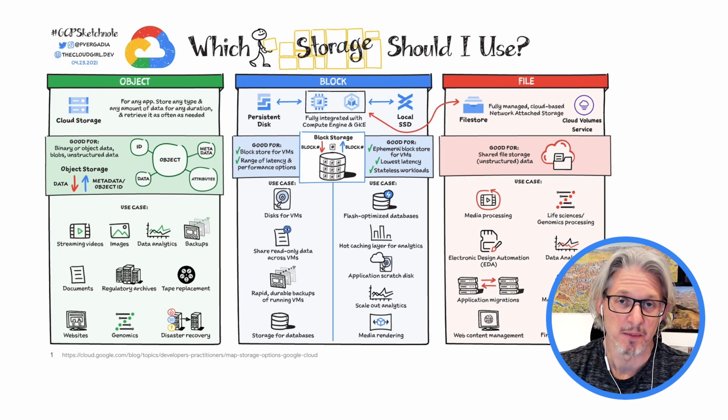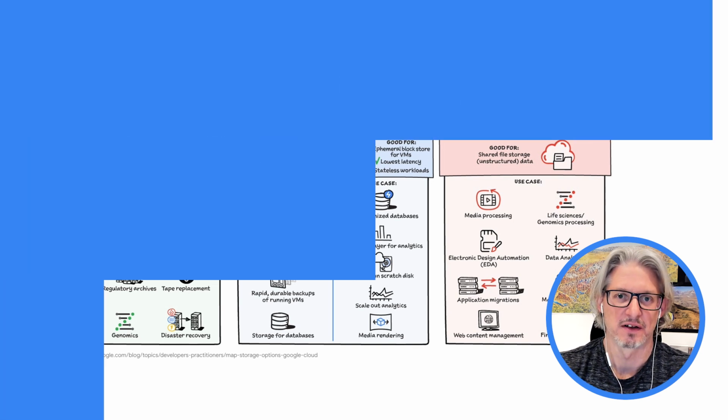And the new kid on the block is object storage, like Google Cloud Storage. It uses HTTP to store data, relatively new, let's say 10 years or something. And it's a great way to store unstructured data, but most of the enterprise applications in enterprise data centers still don't talk object, but they talk file, NAS, to share data.